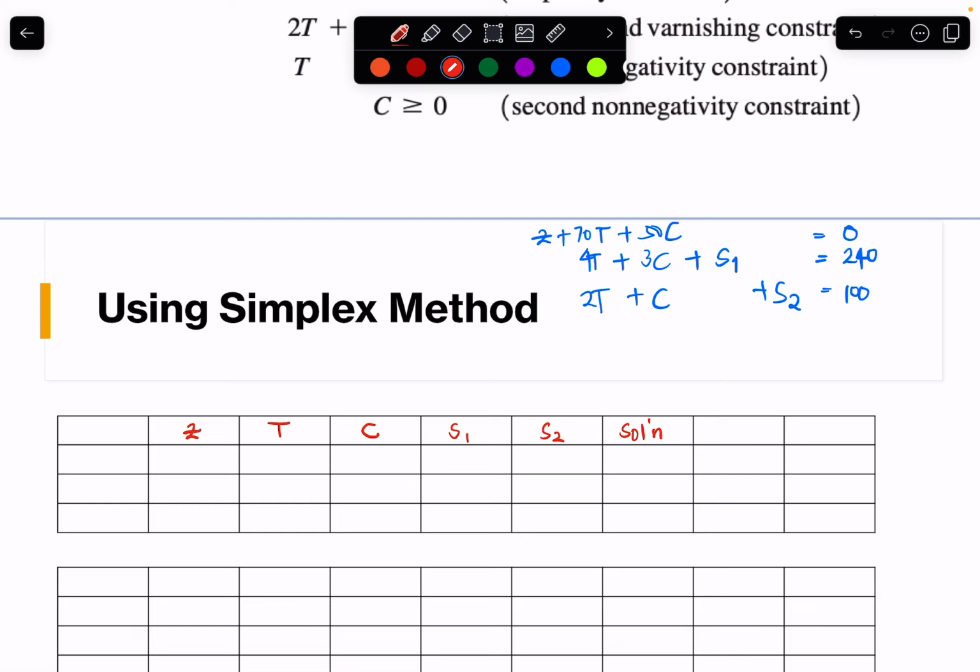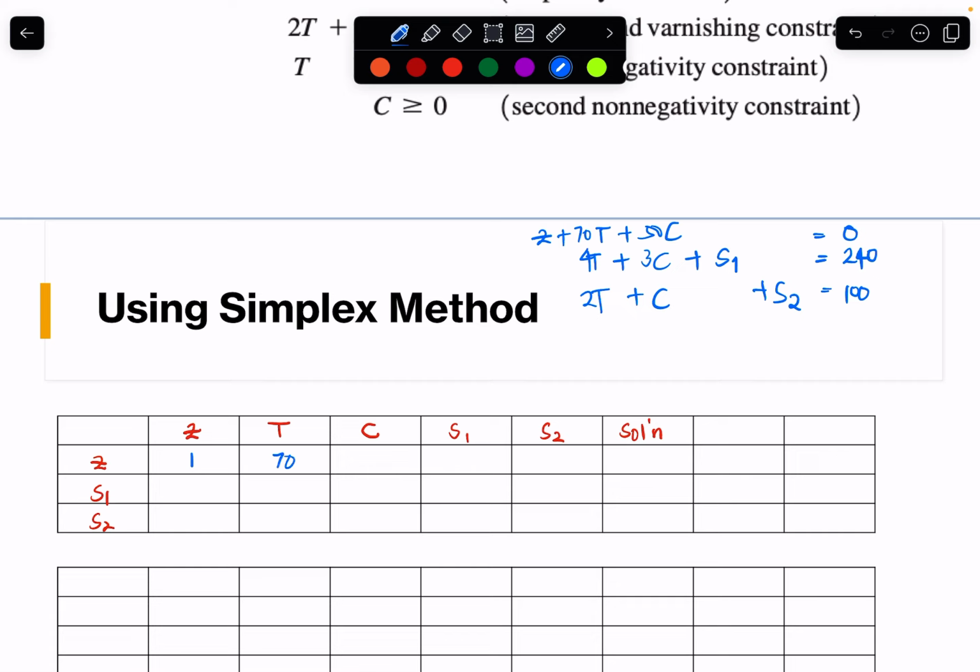For the first row, that corresponds to the objective function Z. The second row corresponds to the first slack variable, and the third row to the second slack variable.